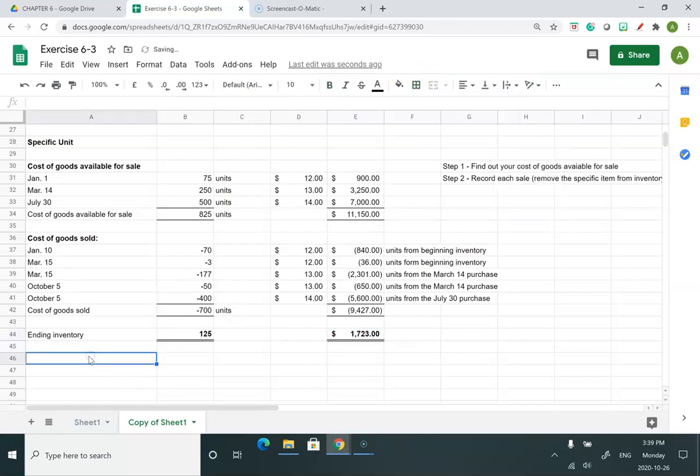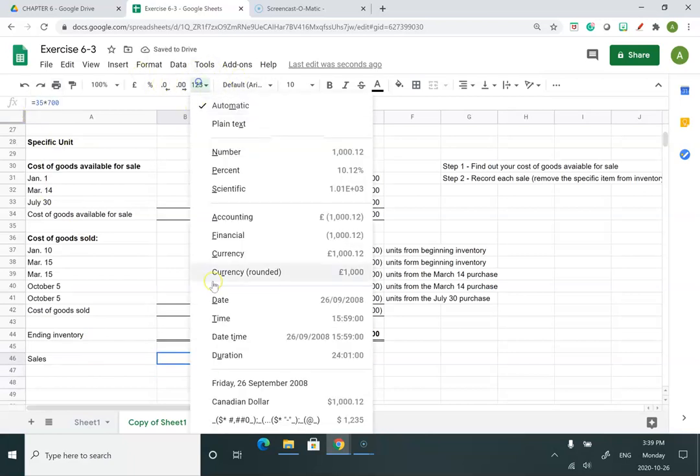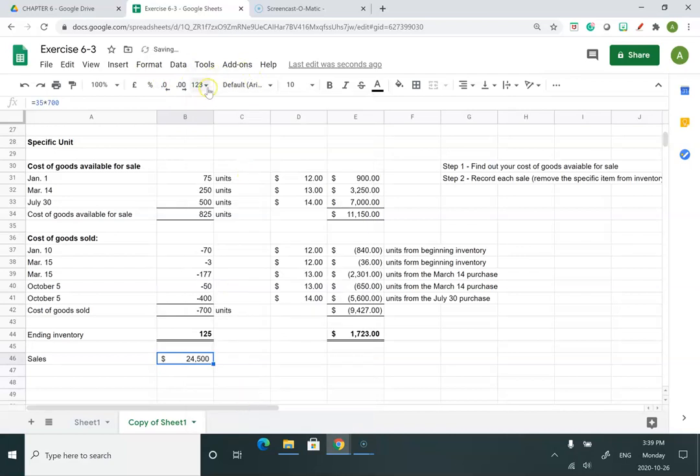And now what I'll do is I'll calculate my sales. So just remember, sales are the same under three scenarios. So it's 35 times 700 that I sold. And let's put an equal sign right in front of that. I just want it to 2 decimal places.